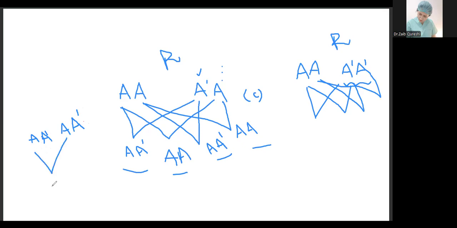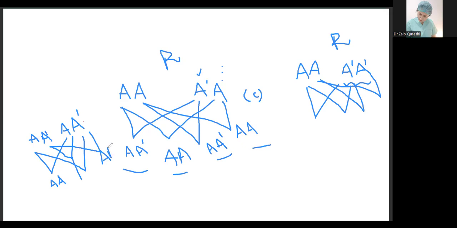One healthy baby, others will be carriers, and there will be one baby who is getting this mutated gene from both the parents.